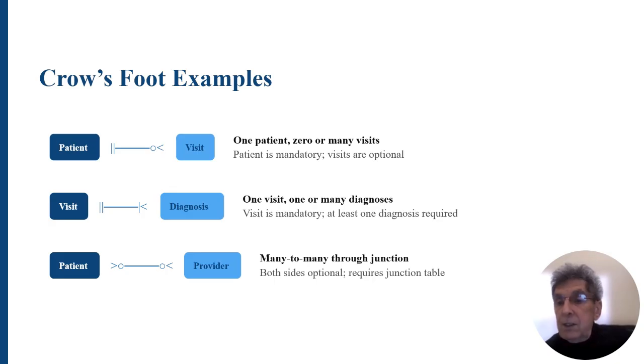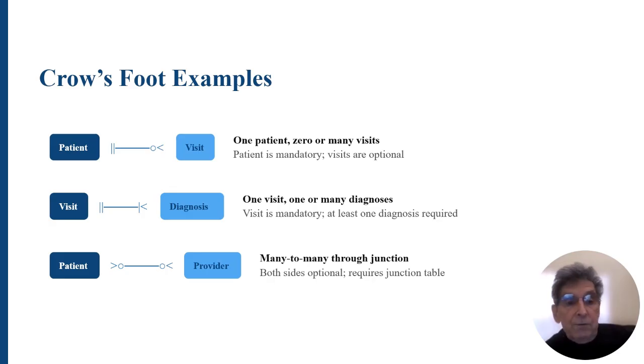Reading the visit side, that circle and crow's foot means 0 or many. The patient can have 0 visits, they may have just registered recently, or many visits. And the translation is 1 patient can have 0 or many visits. Each visit belongs to exactly 1 patient. This is clearly a one to many, with optional participation, it's not mandatory.